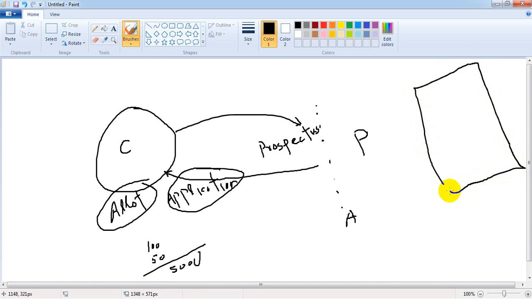This piece of paper is basically a contract between the company and the shareholder, or the public simply.